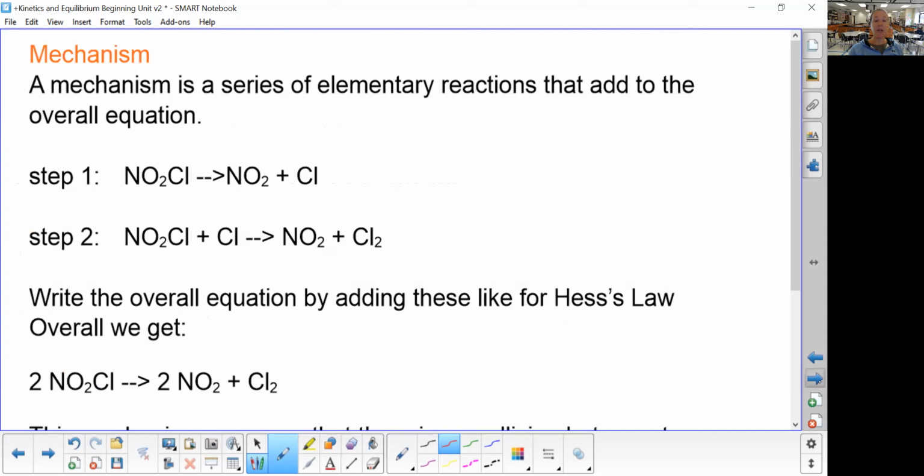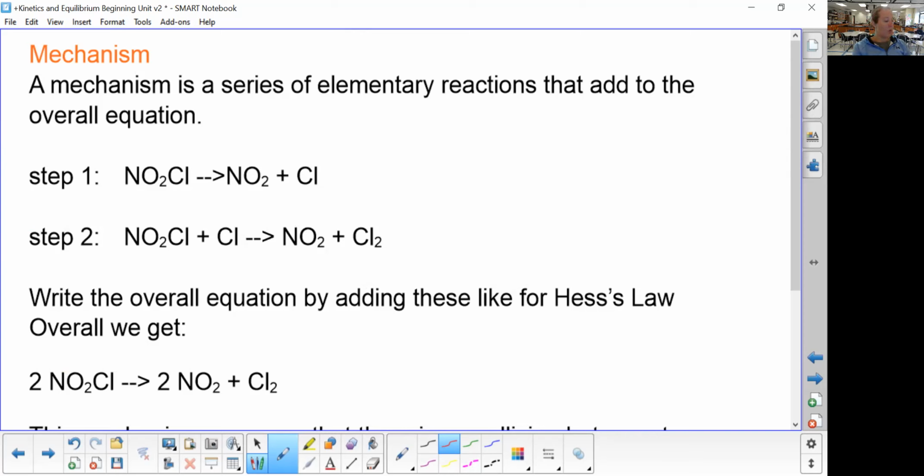So breaking this down. Mechanisms are difficult to determine, but for a lot of chemists, that's their job, to determine the reaction mechanism. Here, step 1 is this NO2Cl molecule forming NO2 and Cl. And then step 2 is the NO2Cl molecule with chlorine forming NO2 and Cl2. So these are 2 different reactions.